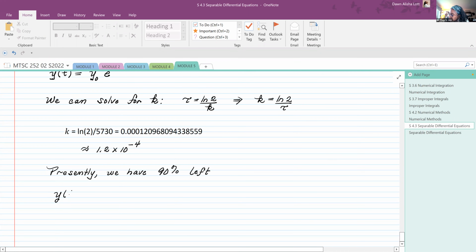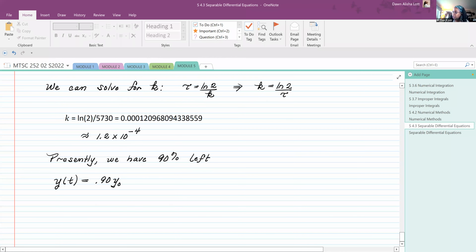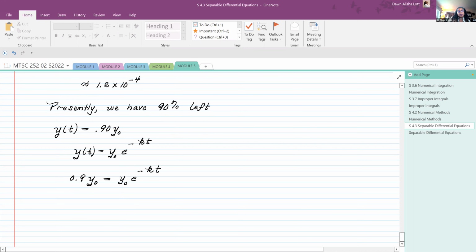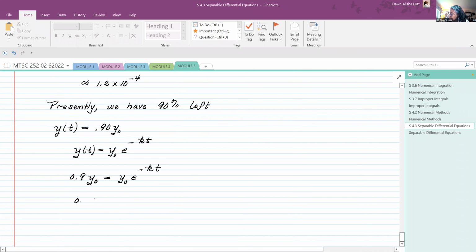So Y of T is going to equal 90% of the original amount, but at the same time, Y of T is equal to Y naught e to the negative K T, and we already have K. So they must be equal. 0.9 Y naught is going to equal Y naught e to the negative K T. So we get 0.9 is equal to e to the negative K T.